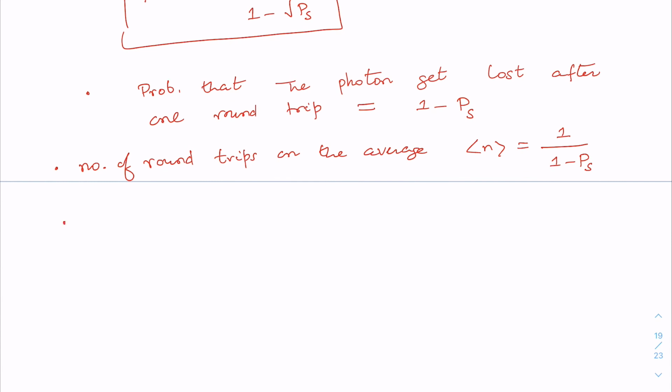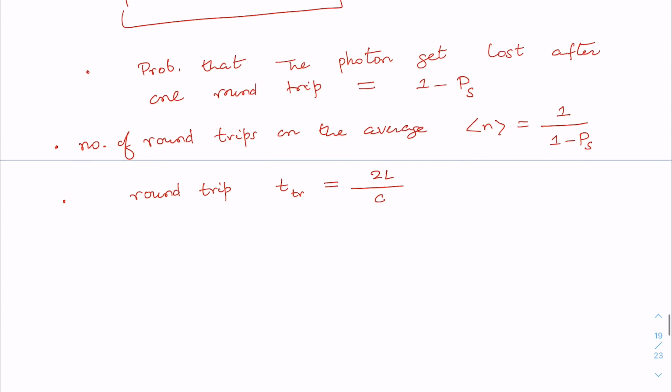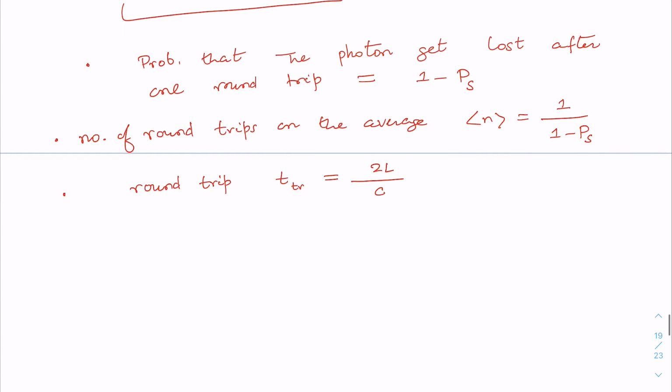the round trip time is easy to calculate, because we know that the cavity has length 2L, so the photon has to cover a distance of 2L, and the speed of the photon inside the cavity is c, let us say, then round trip time, which I will write as tau tr, would be 2L by c.